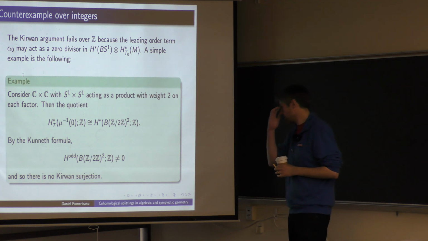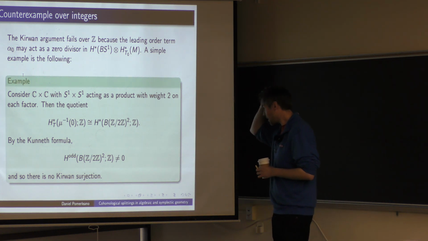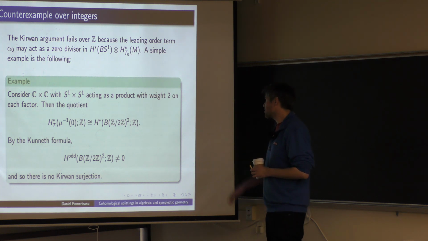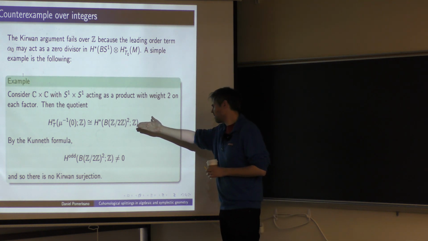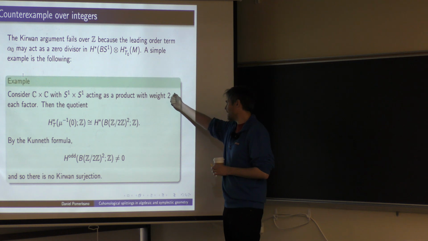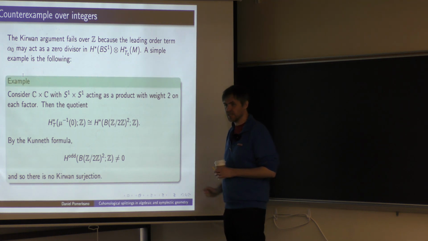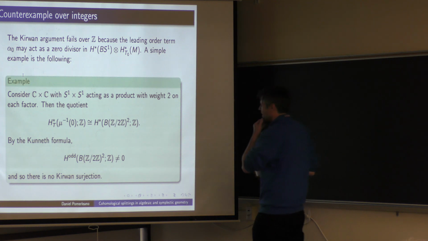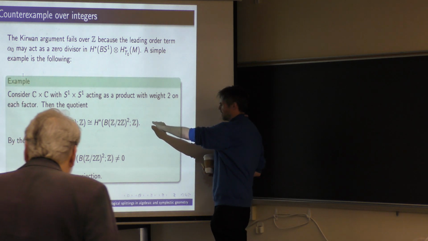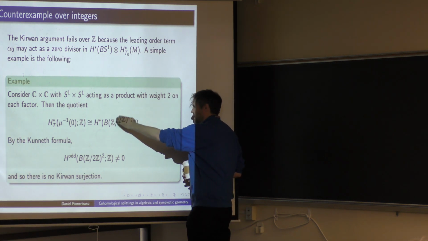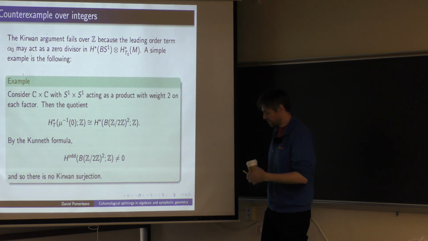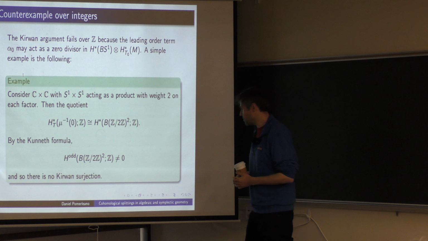It doesn't hold because there's a very simple example you can write down. Basically, if you look at C cross C with the product action of S1 times S1, well, we'll make it act by weight 2 to make it interesting, then the quotient, equivariantly, has the homotopy type of a product of classifying spaces of Z mod 2Z.